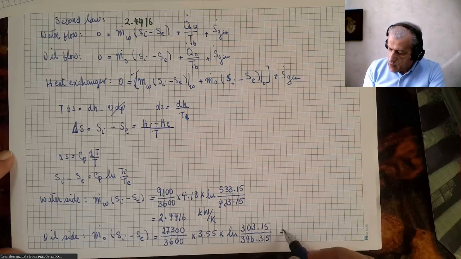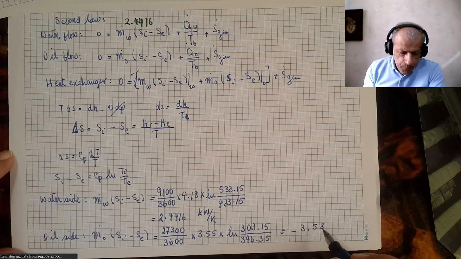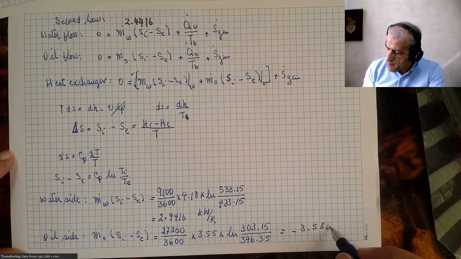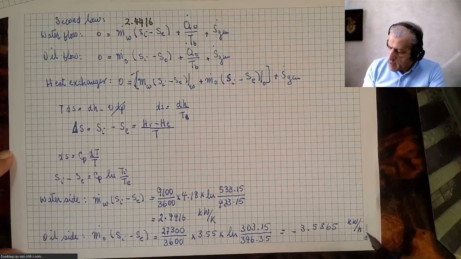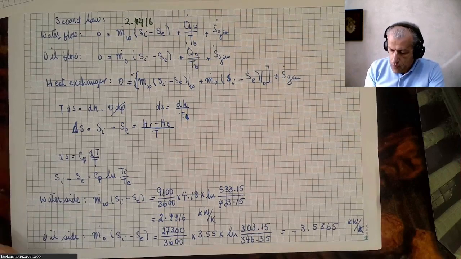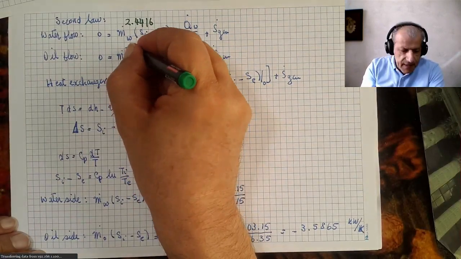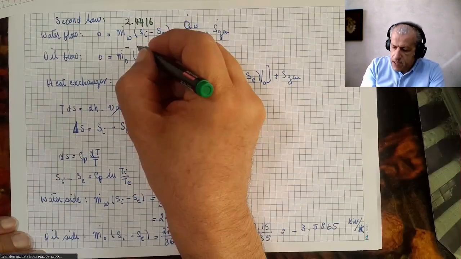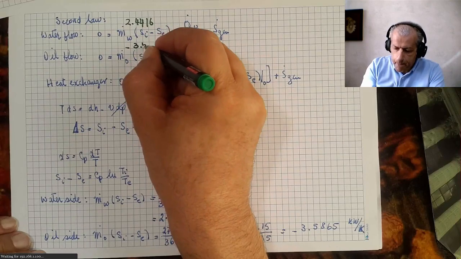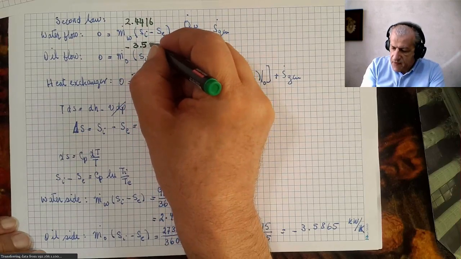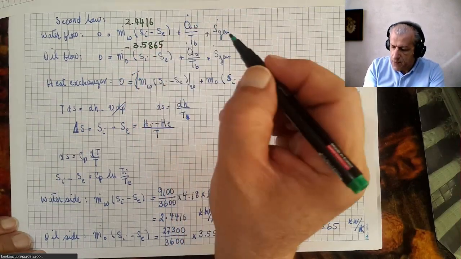And the outcome would be minus 3.5865 kilowatts per Kelvin. What is that? This value is here. We have calculated this value, and this is minus 3.5865 here.